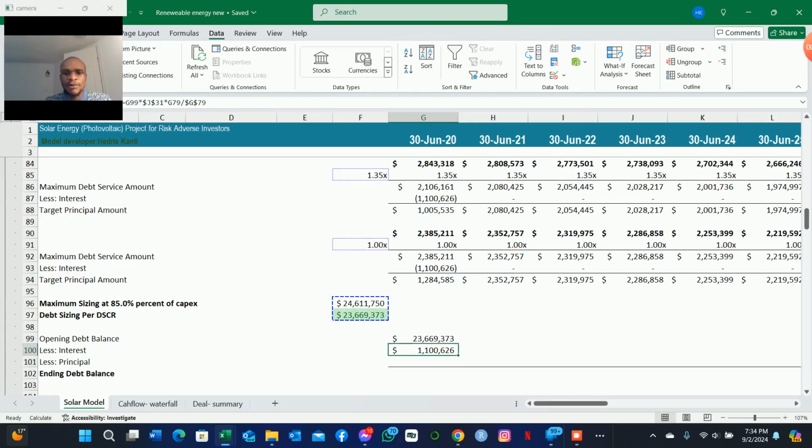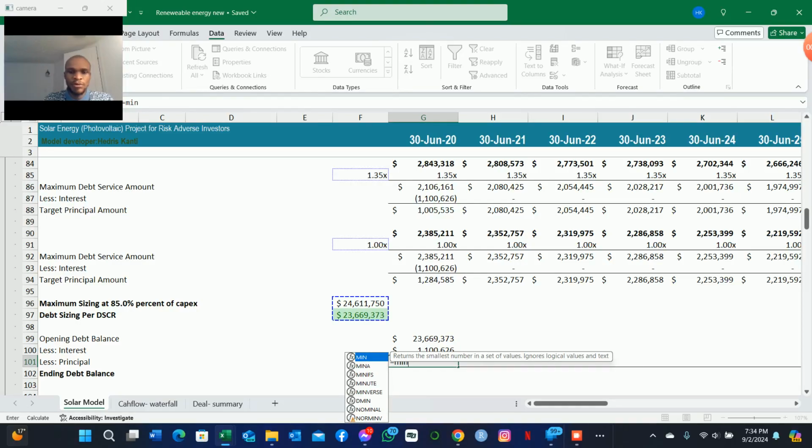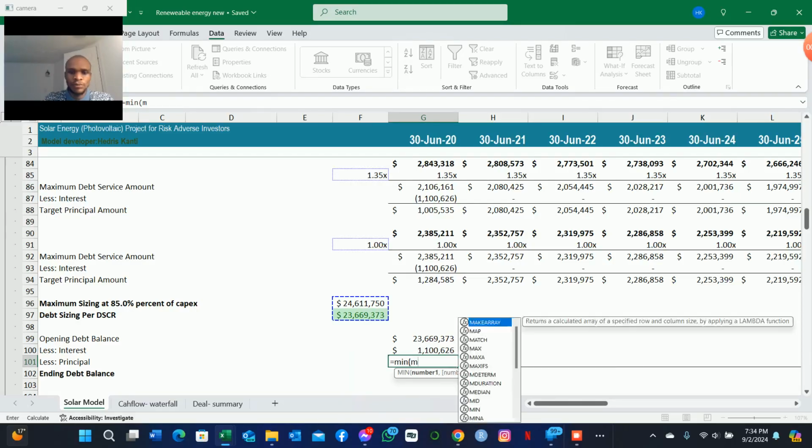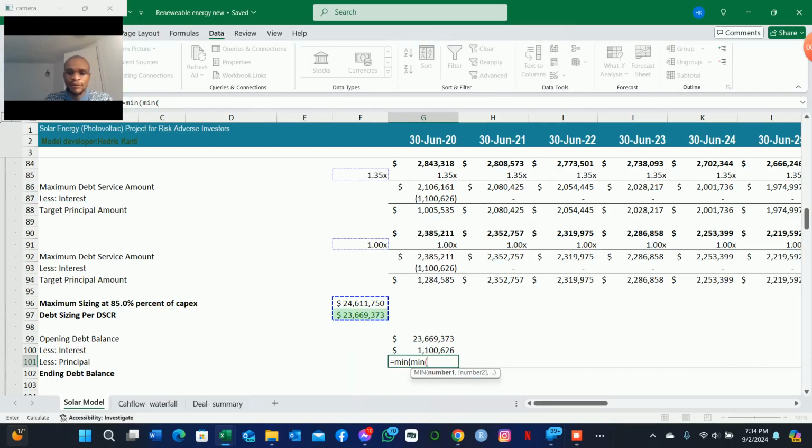So that's exactly what we're seeing here. We're going to be taking the minimum of the two target principal amounts for both the P50 and the P99. So it's going to be equal to the minimum of this target amount.